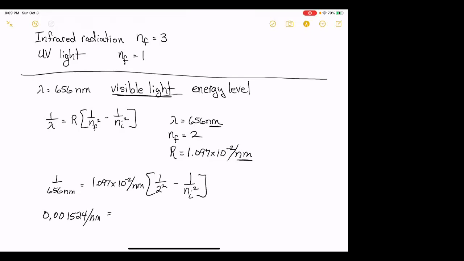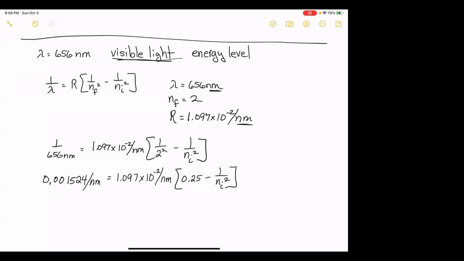That's equal to the 1.097 times 10 to the minus 2 per nanometer times, well, 1 over 2 squared is 1 over 4, which is 0.25, minus 1 over n sub i squared.